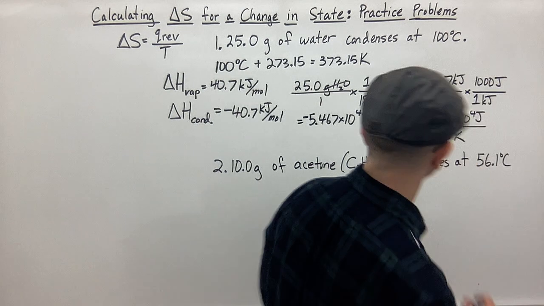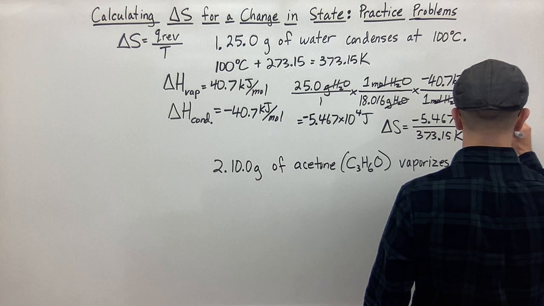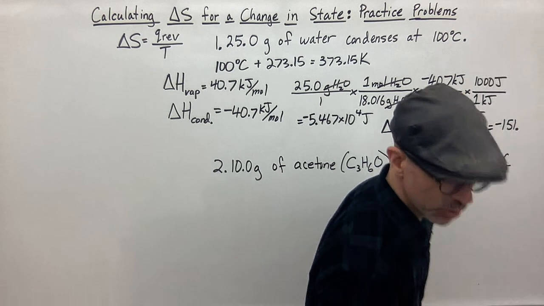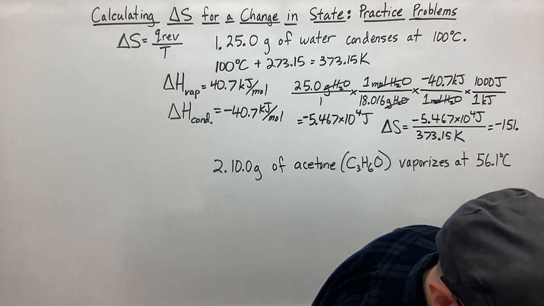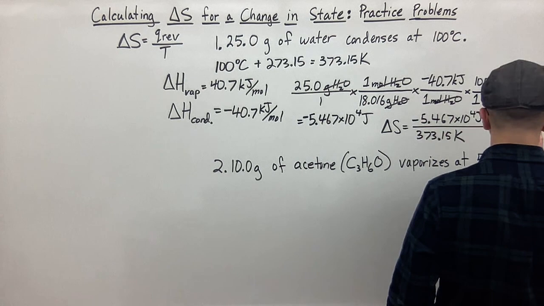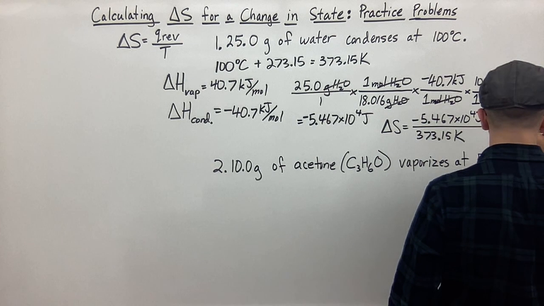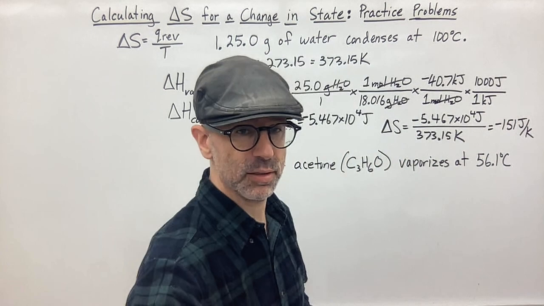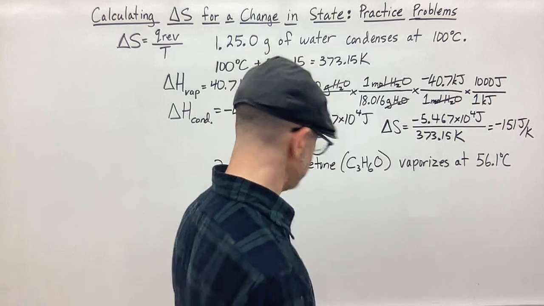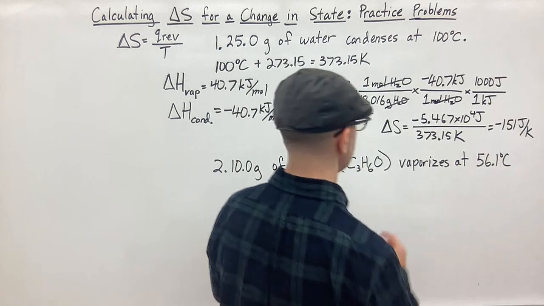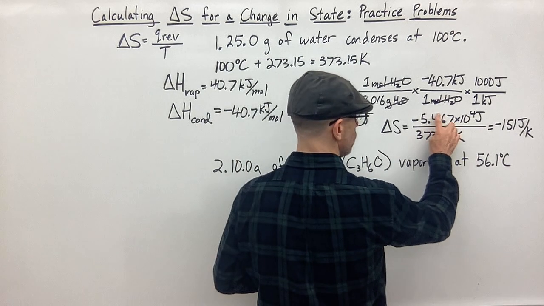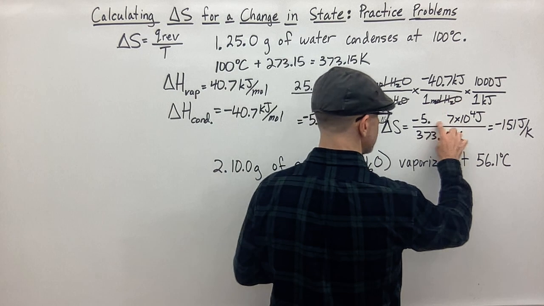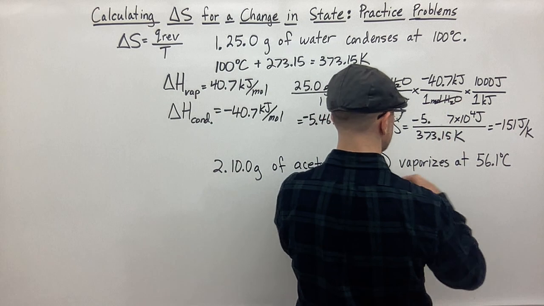Negative 151 joules per Kelvin. Let me double check that. No, I found a mistake. I transposed these numbers, so it should be 647. Sorry about that.